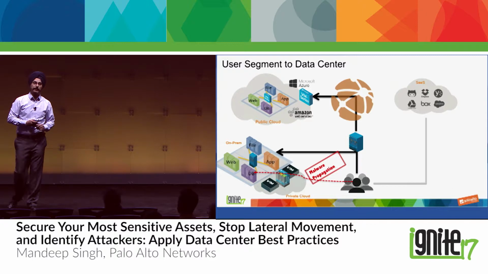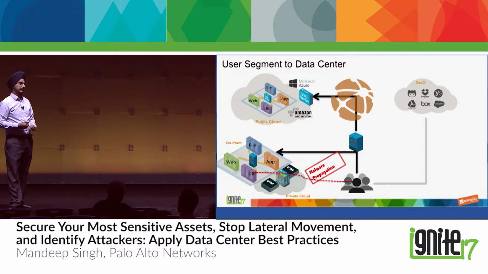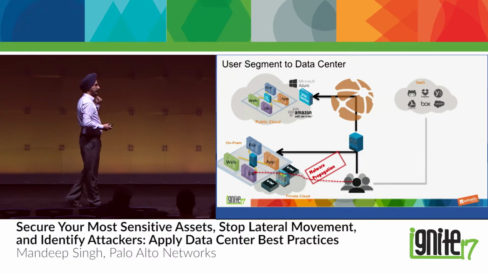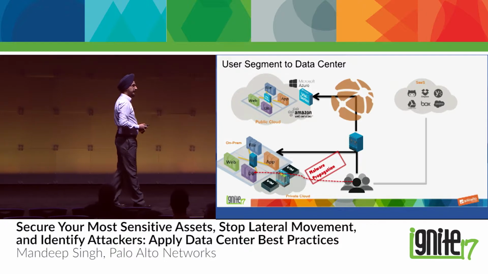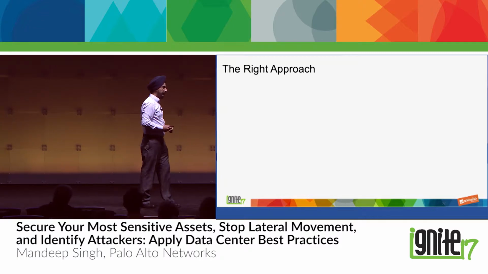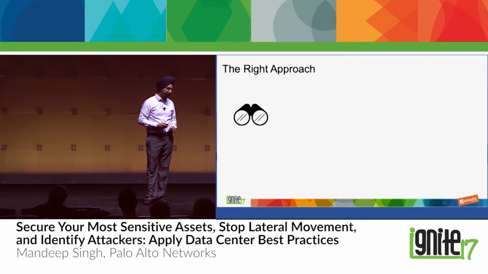One of the biggest threats that we see is malware propagation. If one user gets infected, and we are not implementing best practices, that malware will propagate to all your resources in the data center, to different users. So what's the right approach? How do you protect yourself from this?